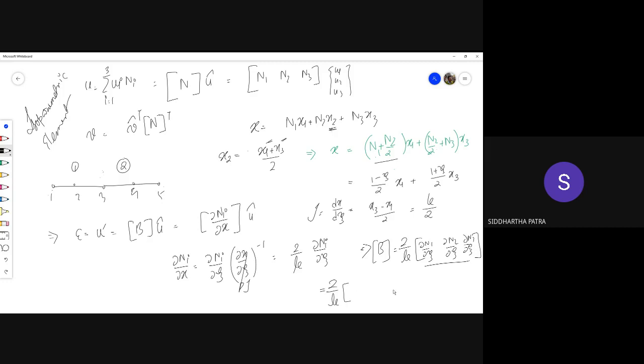The second term, of course, is easy, right? Twice xi. So write down the expressions for Ni's. For example, N1 is 1 by 2 xi plus xi squared, rather minus xi squared.